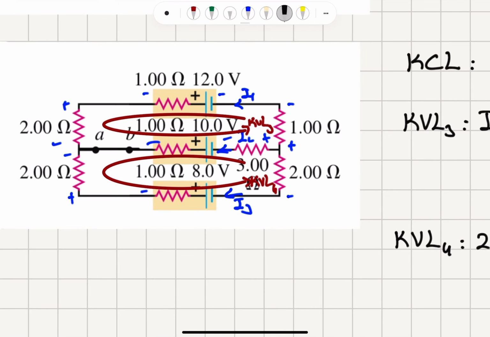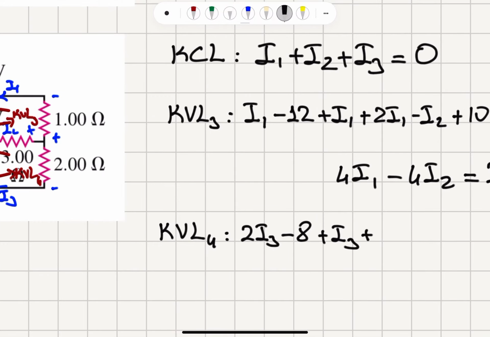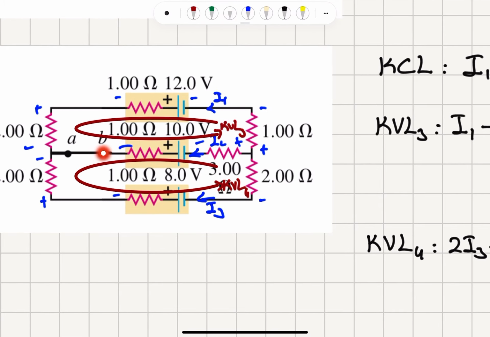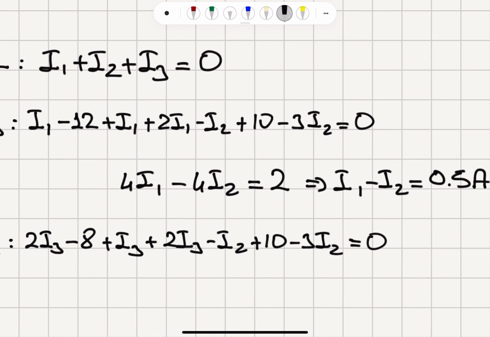And finally I have the plus 2I3 as the potential drop. Now I go to this branch. Now I have minus I2 plus 10 and minus 3I2. So minus I2 plus 10 minus 3I2. This must be equal to 0.